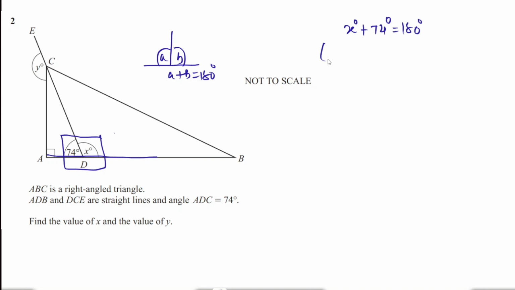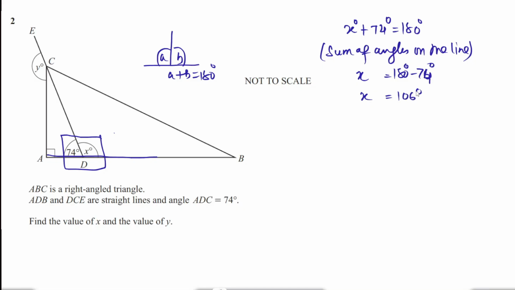When you are solving geometrical problems, try to write the reasons: sum of angles on a line. If you take 74 to the other side, x comes out to be, sorry, 106 degrees. That is the value of x.